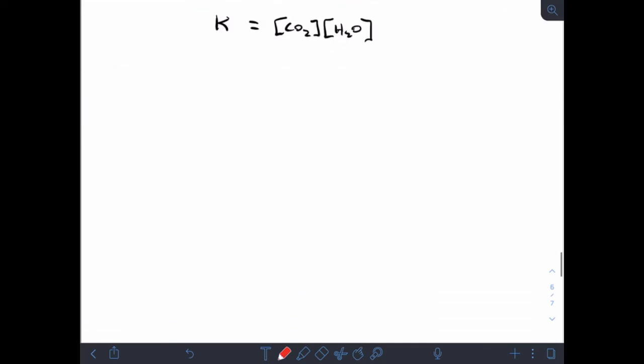Right, so our next topic, we're going to come back to dealing with combining equations and how to manipulate equations to combine them and how those manipulations relate to the value of K. So here we're going to be looking at the relationship of K to the balanced equation.